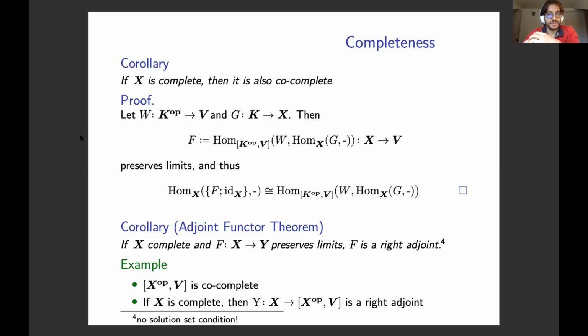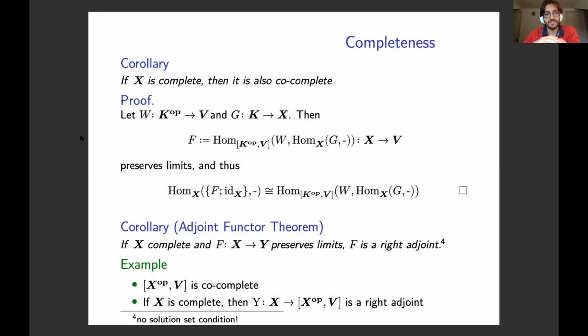And then using the previous theorem, this functor F preserves limits, so it is representable by a limit, and this limit satisfies the property that defines the colimit.